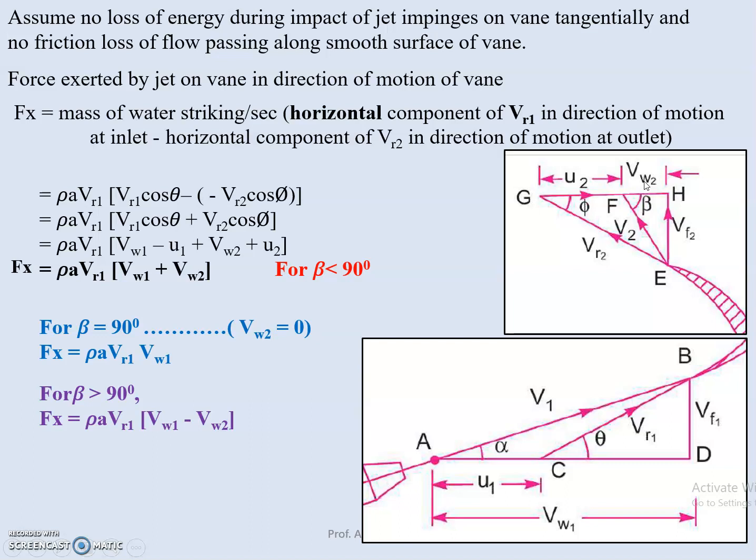And in the third case, when beta is greater than 90 degree, this will shift from there, so this angle will be larger. So when beta is greater than 90, VW2 will be positive and VR1 cos theta minus VR2 cos theta. So in this case you will get Fx equal to rho a VR1 (VW1 minus VW2).